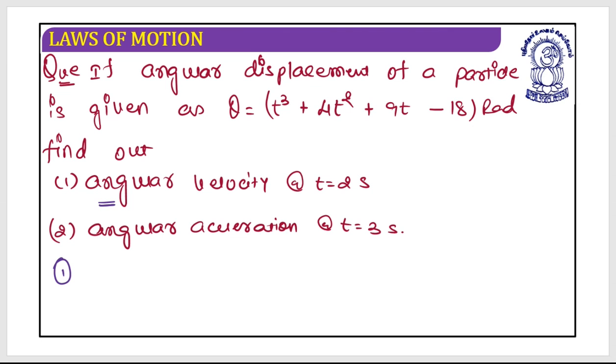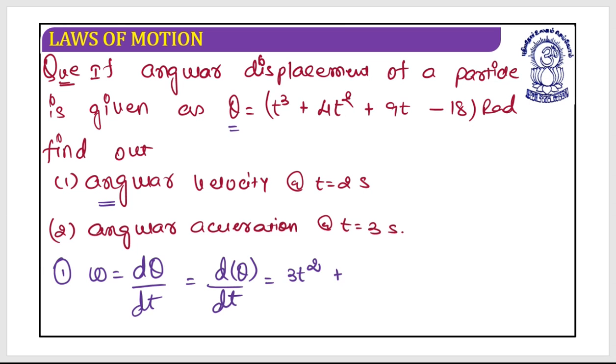First, for angular velocity, theta is given and what I want is angular velocity. So omega is equal to d theta by dt, which is d by dt of theta. Theta is given as t cube plus 4t square plus 9t minus 18. If I differentiate this with respect to time, t cube gives 3t square, 4t square gives 8t, plus 9, and minus 18 converts to 0 because the differentiation of any constant is 0.